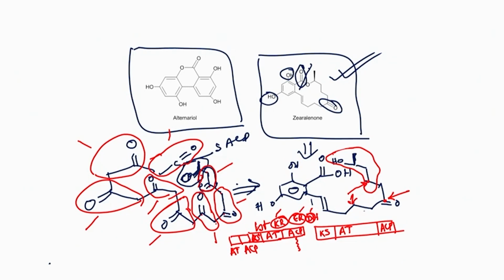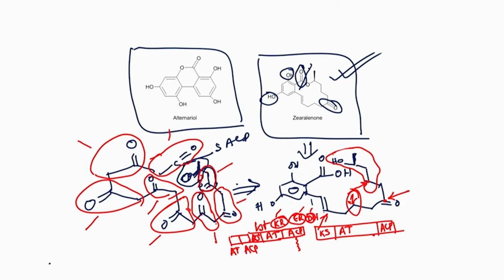And after that, this is the first module, this is the second module, that is the third module, the fourth module now. There is this double bond. So, what will happen now? That means ketoreductase is present and dehydratase is present.